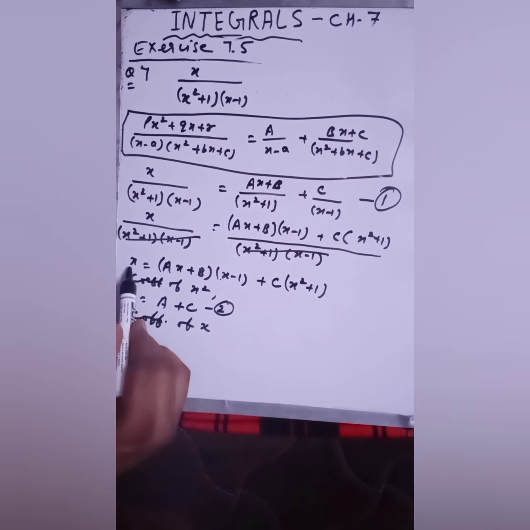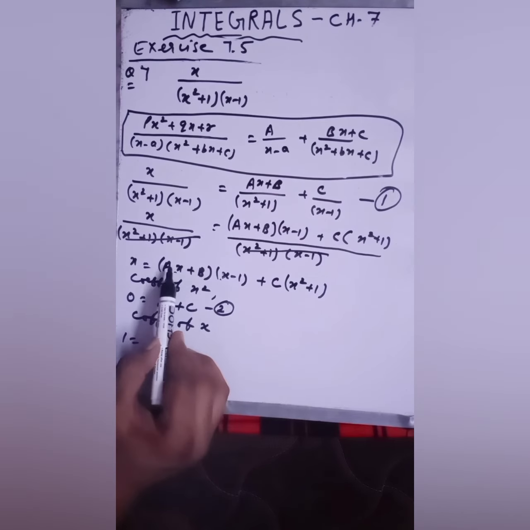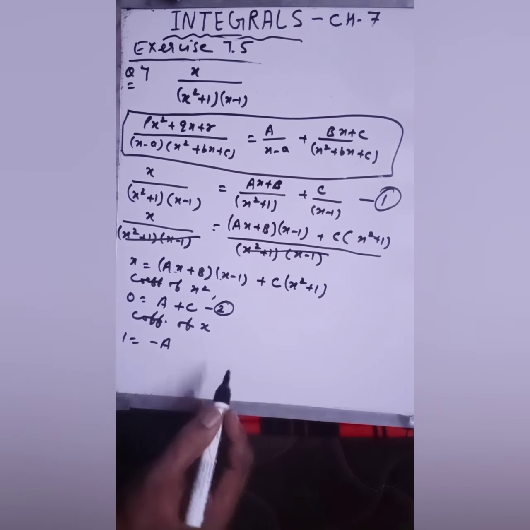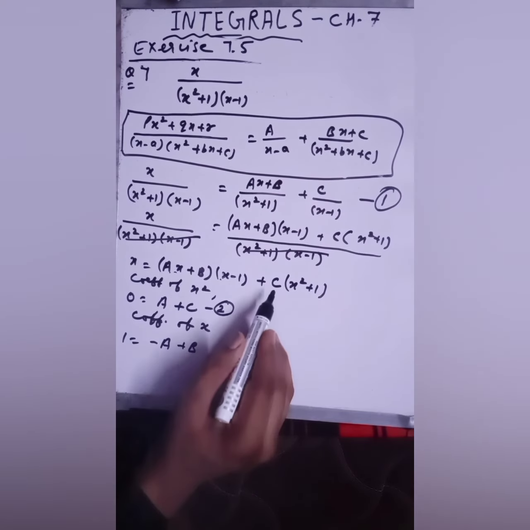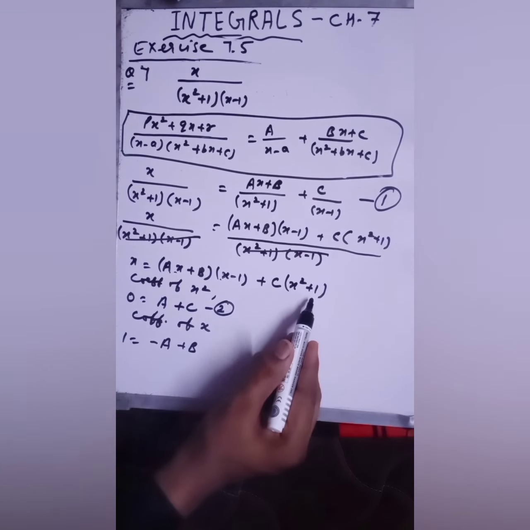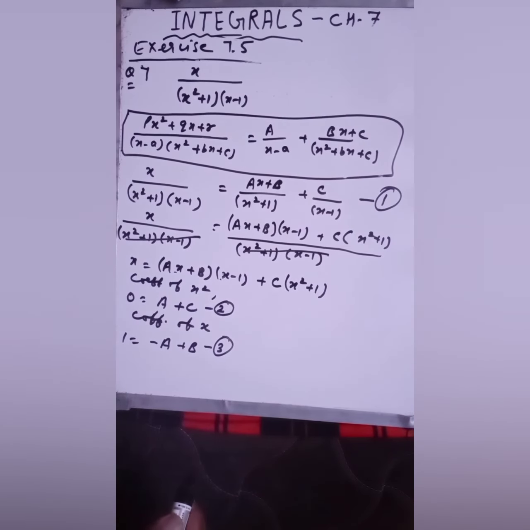Here x is coming, the coefficient of x would be 1, you will take here, and when you multiply this one, you will get minus a and plus b, and here the coefficient of x will not come. So this is your equation number 3. Are you getting my points? Okay.